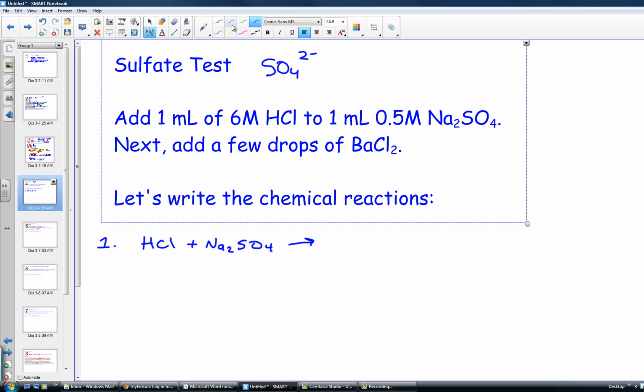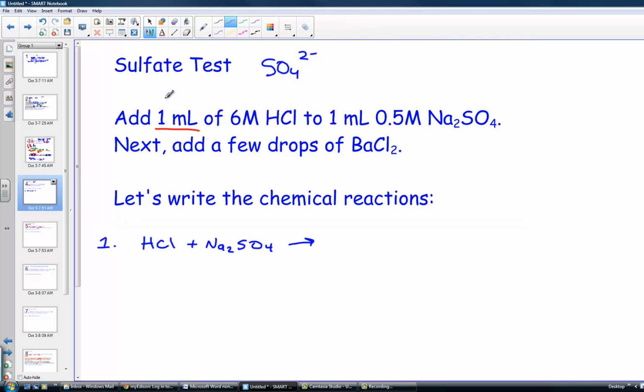Notice again, the 1 ml isn't important. Just from your dropper, anywhere from 5 to 7 drops. We're not caring about quantity, we're looking for observation. So same thing, just some acid with some sodium sulfate. This is your stock solution. We're testing for the sulfate ion.